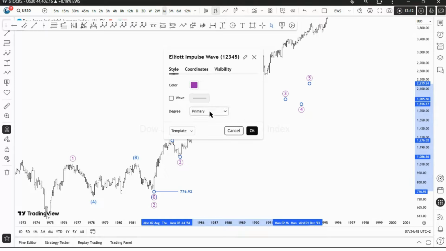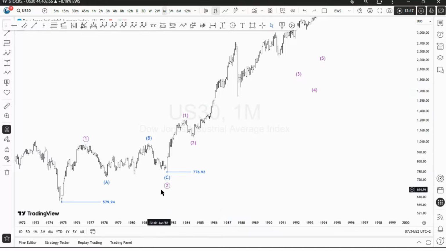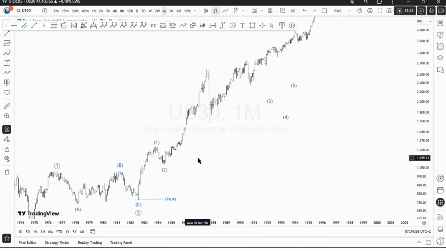Let's switch wave degree. Why are we switching? Because we are within wave 3 of this degree right here. So the subdivision should be 1 degree lower. So we have 1 2. Now if you are looking here, you can count 5 waves till you go up here.